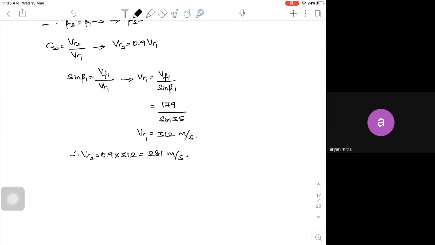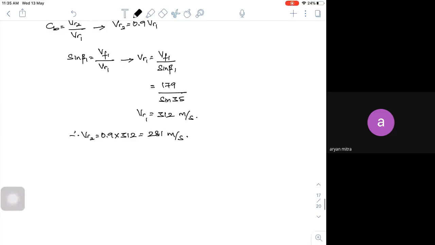Now from the exit velocity triangle, cos beta 2. Let me go to that velocity triangle. What is cos beta 2?